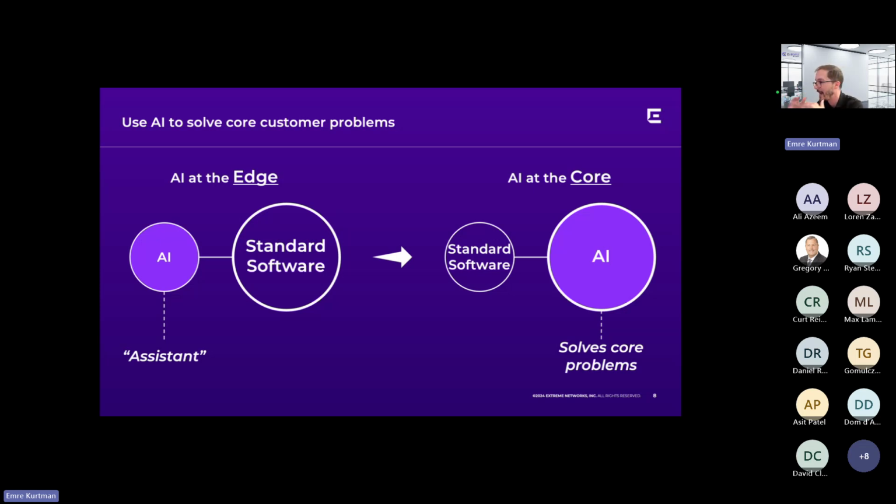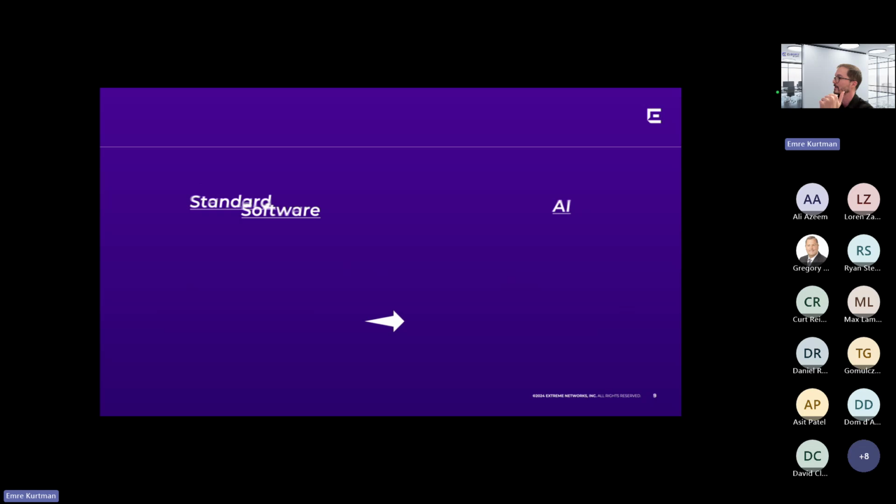Basically, this can be any vendor's network orchestration tool, and then you add a chatbot on top of the standard software. This is what we can call AI at the edge. It is still useful, and obviously you can still get some value out of it. But if you compare it with the right-hand side architecture, where AI sits at the core of the whole architecture and then you have the standard software, this is where AI is actually solving your problems.